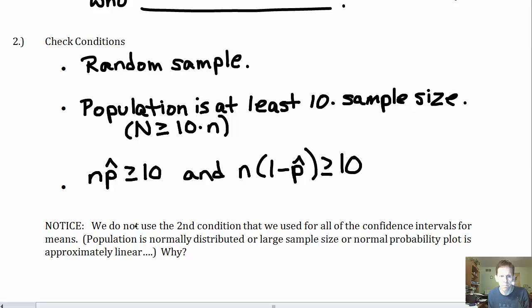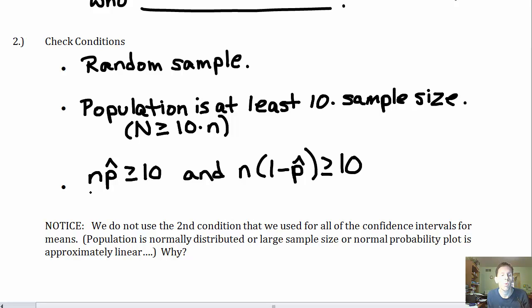Well, you'll notice we didn't use the second condition that we used for all of the confidence intervals for means, which was either the population was normally distributed, large sample size, or the normal probability plot is approximately linear. Why not? Well, in this case, if these formulas work, it means that we do have a normal population.